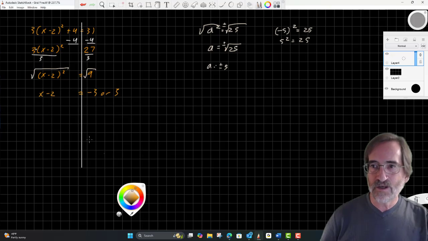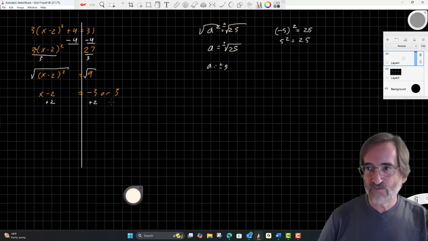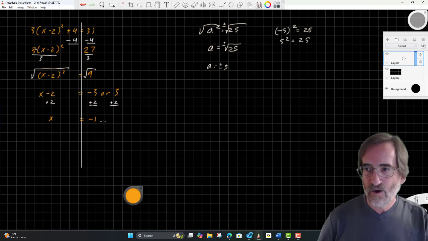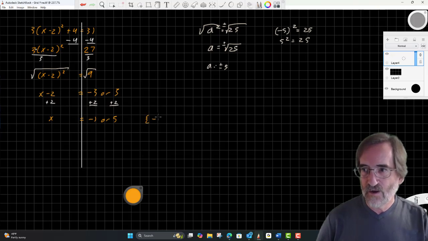And now we undo the minus 2 by adding 2 to both sides. But we add 2 to both solutions. Negative 3 or positive 3. So x equals negative 3 plus 2, which is negative 1, or positive 3 plus 2, which is 5. And so we have the solution set, negative 1 or 5.